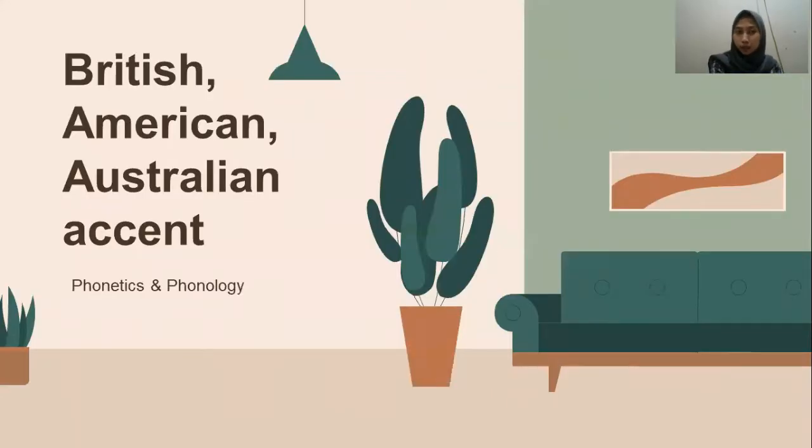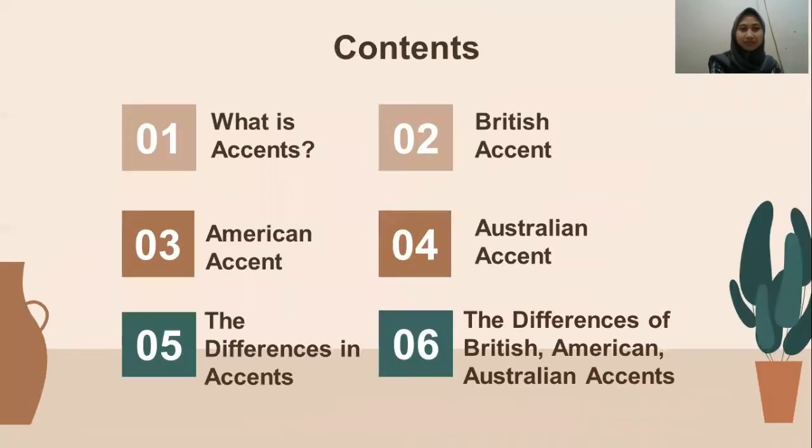We are here today to present to you about British, American, and Australian accents. In this presentation, we have 6 contents. The first is, what is accent? The second, British accents. The third, American accents.